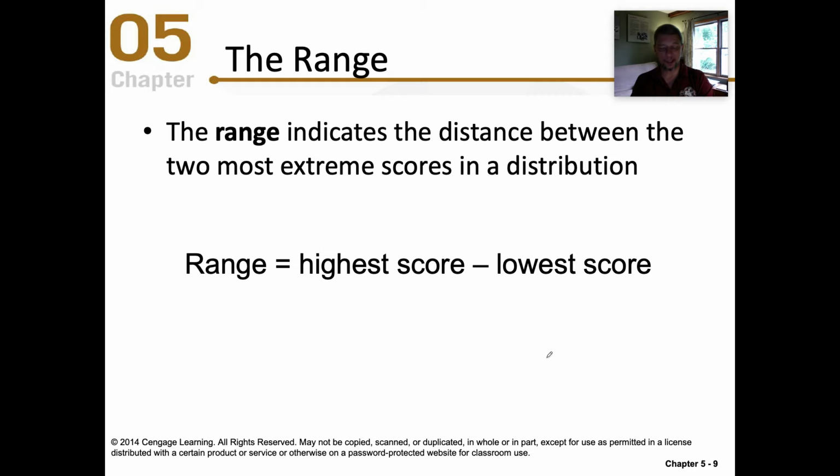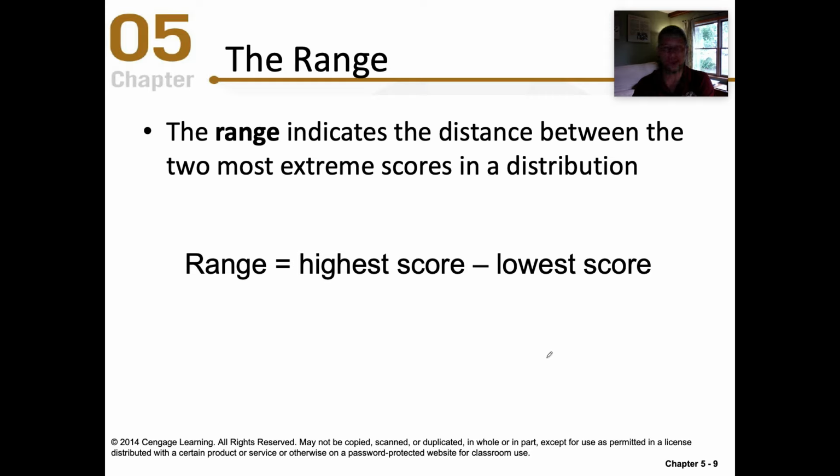Now, if you go back to the data sets that we used a couple of slides ago, in that first data set, the highest data point was 12 and the lowest was 0. So the range for sample A would be 12. 12 minus 0 is 12. For sample B, the highest data point was 8 and the lowest was 4.